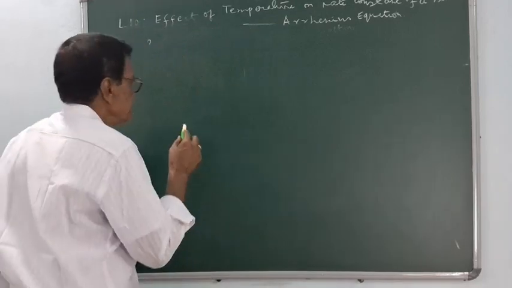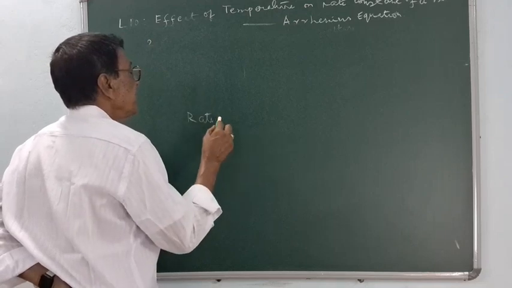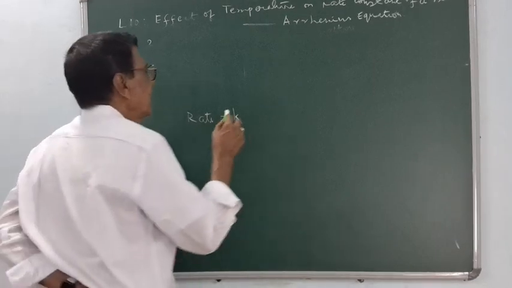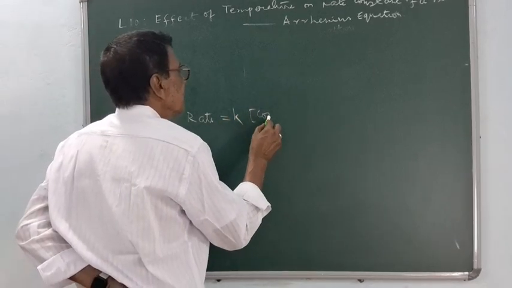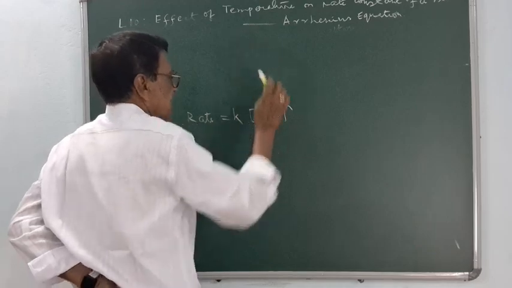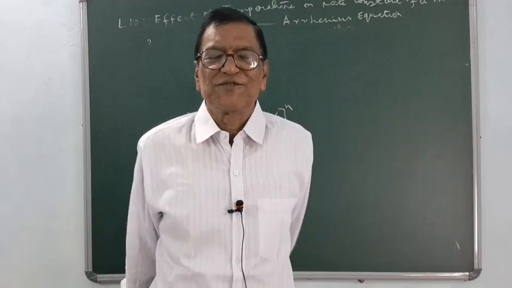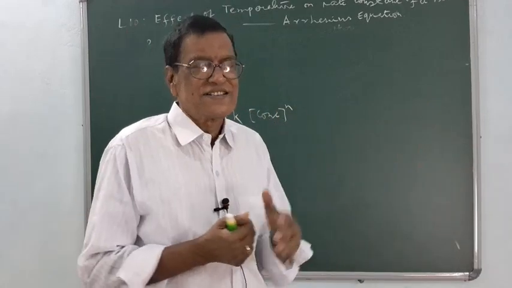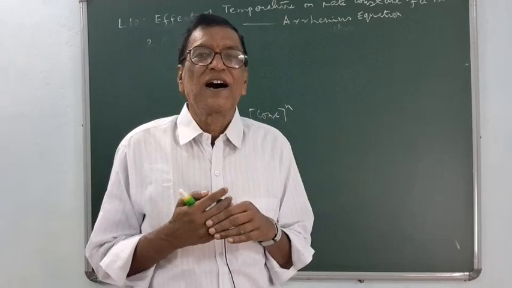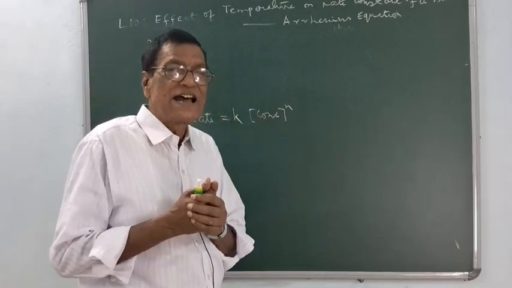But actually a rate is equal to the rate constant of this reaction and the concentration of this reactant to the power n. You have seen this rate depends on so many factors which I have discussed in my early classes. But most important are the 2, concentration of the reactants and the temperature.